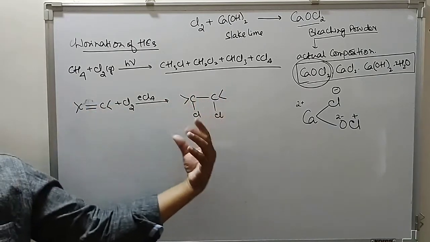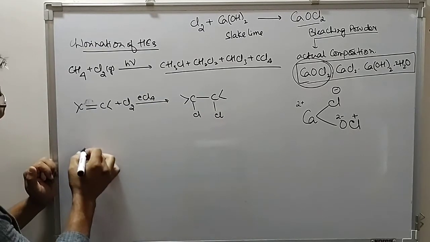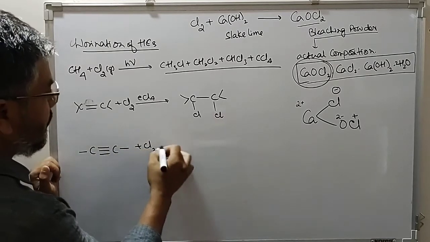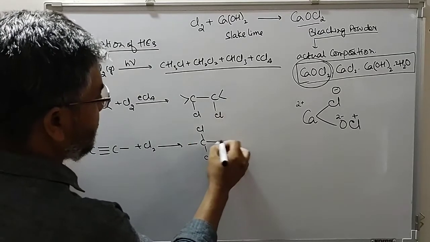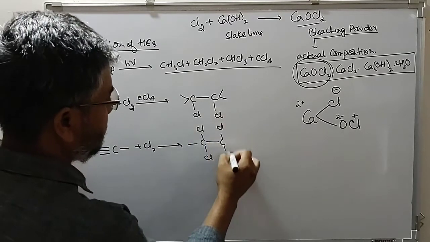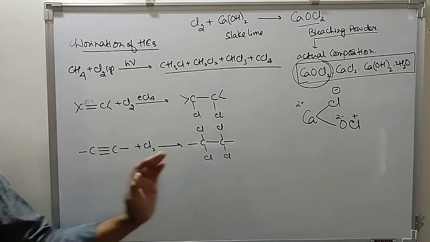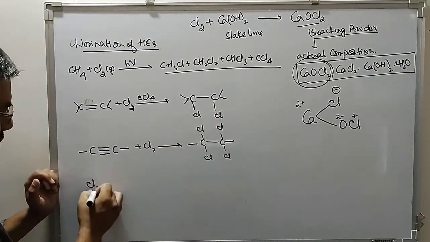This may be alkene, alkyne, or alkane. So we can take this, react with chlorine, and this gives you an addition compound. So these are some of the reactions of chlorine.